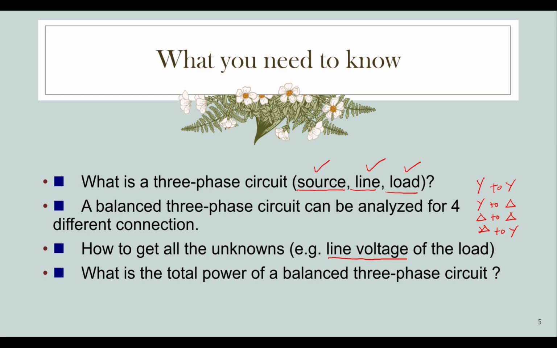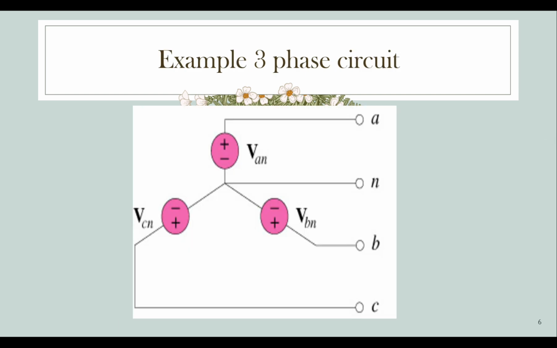Alright, what is the total power of a balanced three-phase circuit? So these are all the important parameters that you need to know in this chapter. So this is an example of a three-phase circuit. This is a Y connection, for example. You have A, B, and C. N is for the neutral line.